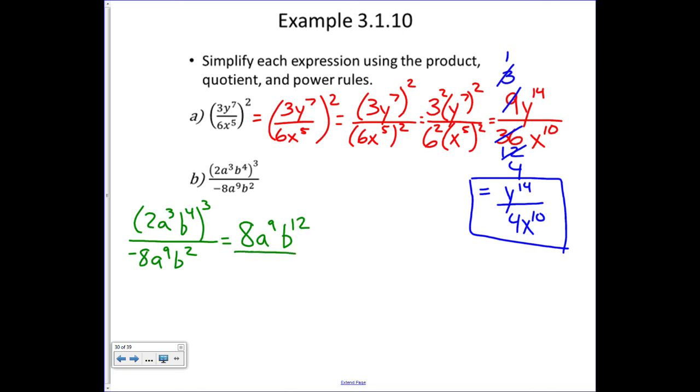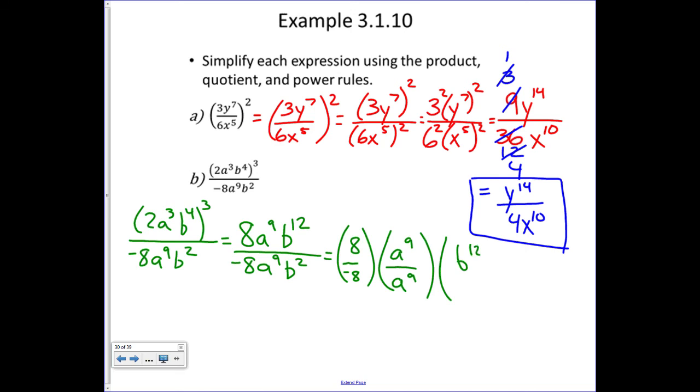And now we're going to divide by what's on the bottom. Negative 8, a to the 9th, b to the 2nd. So let's deal with the numbers first. We've got 8 over negative 8. Then a to the 9th divided by a to the 9th. And b to the 12th divided by b squared.